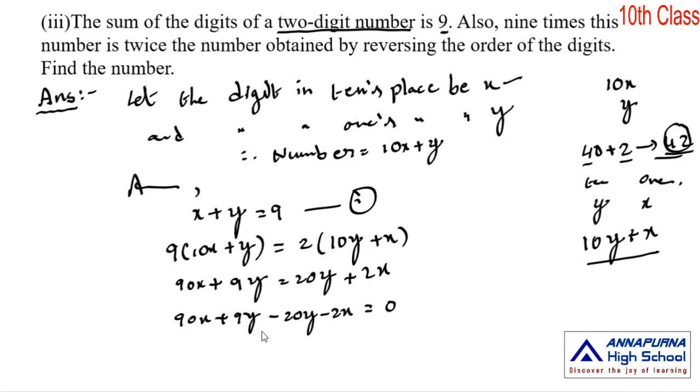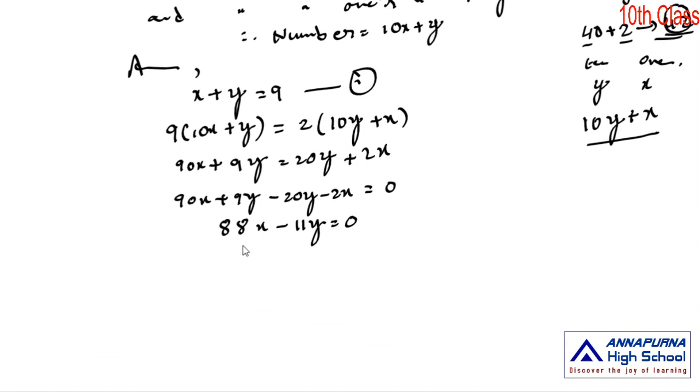So 90x minus 2x, 88x, 9y minus 20y, minus 11y, is equal to 0. When you observe the two terms, 11 is the common factor. So when you take it out, 11 into 8x minus y is equal to 0, and when you transpose this 11 to right side, that implies 8x minus y is equal to 0. This is the second equation.